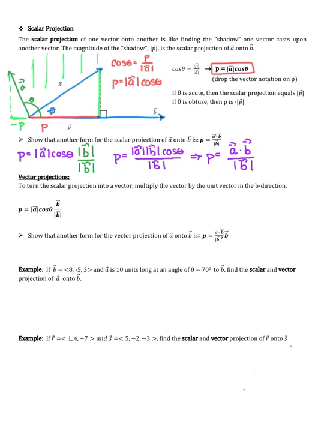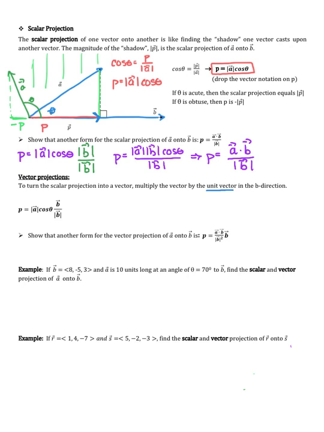So then sometimes we don't want just the scalar, we want to find what that is as a vector so that it has the direction and the magnitude. So what we're going to do with this is take that scalar projection and multiply it by a unit vector.